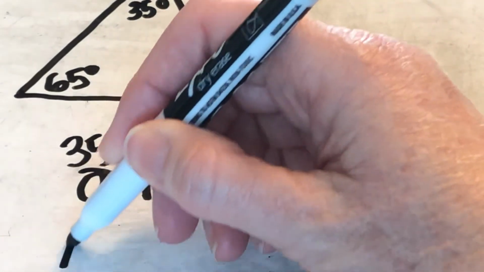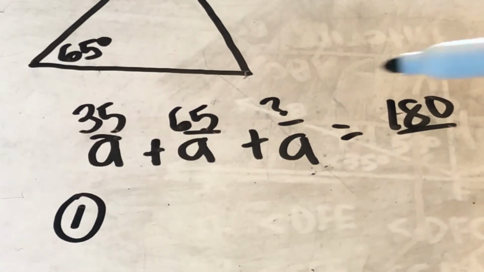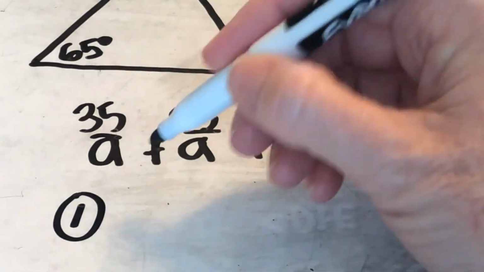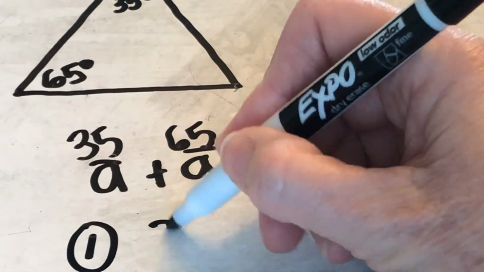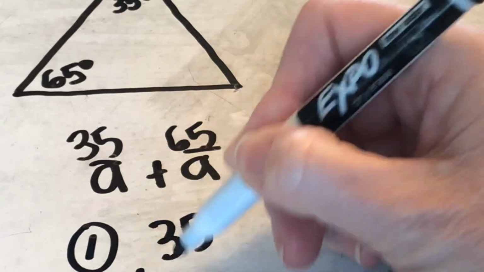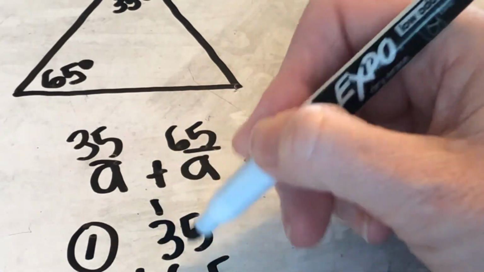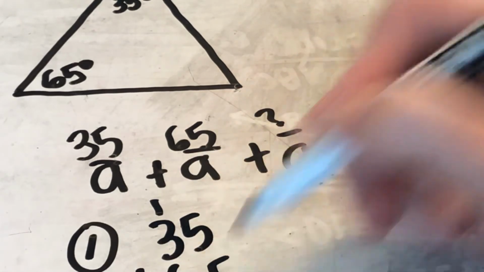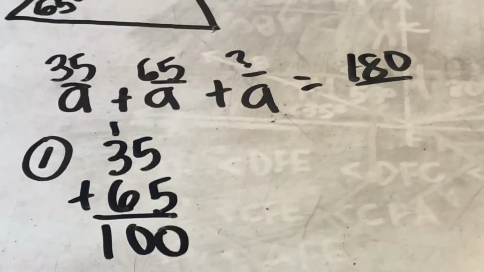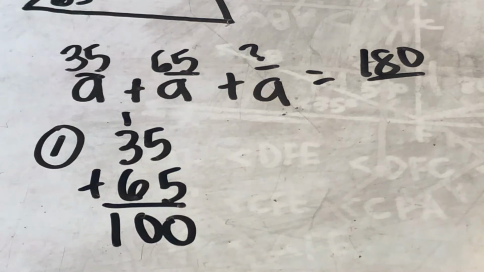So on my first step, step one, I know I have to add up what I already have. So I'm going to add 35 plus 65. When I add that up, 5 plus 5 is 10, 6 plus 3 is 9. I have 100 when I add those two up. Well, I know that my total has to equal 180.